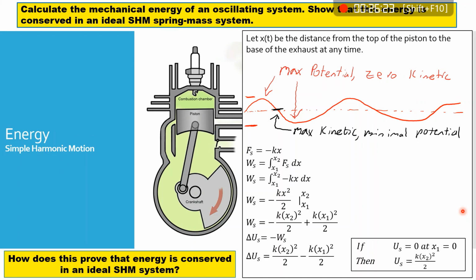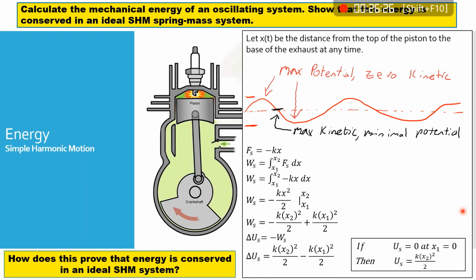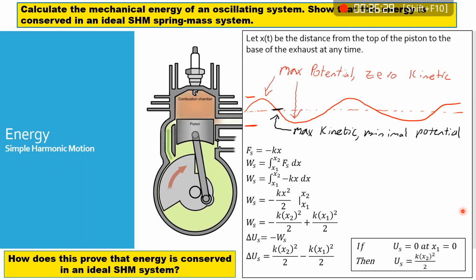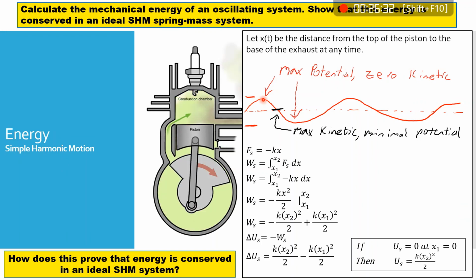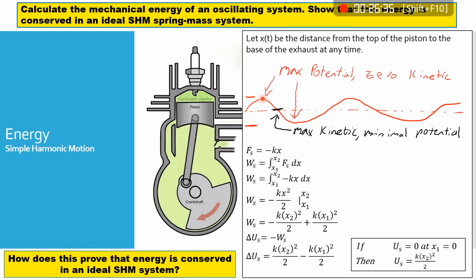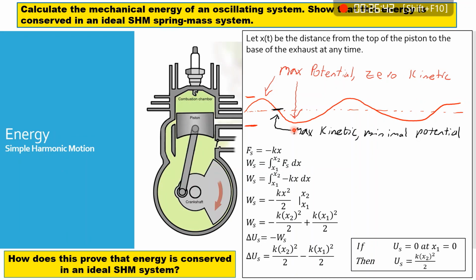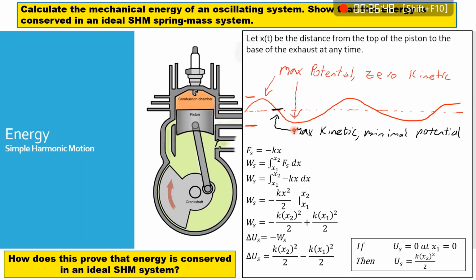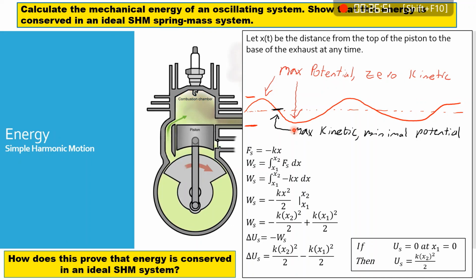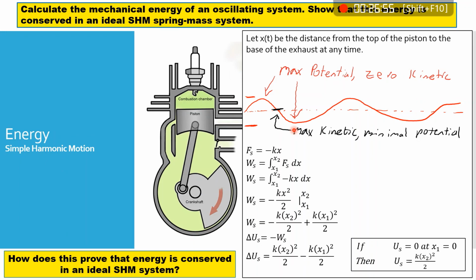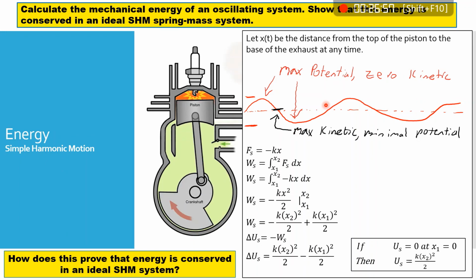So at the end point there is maximum potential energy but no kinetic energy, and at the other end as well, and then in the equilibrium point there is maximum kinetic energy but not potential. There is no potential energy, and then between those 2 points there are some kinetic energy and potential energy.